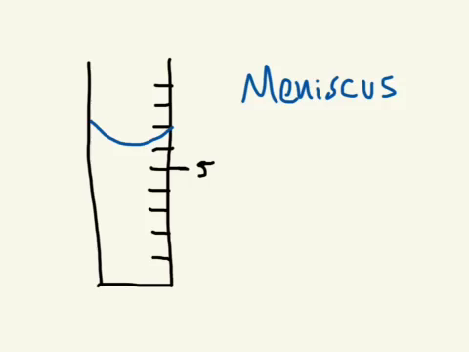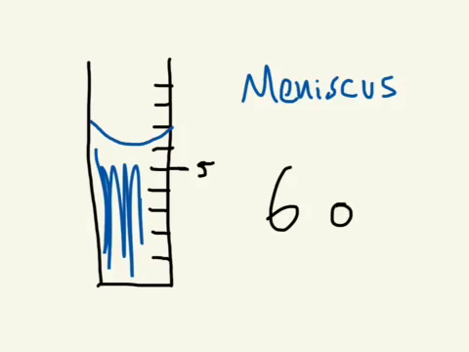So my question to you, class, is looking at this meniscus. Again, this is all liquid here. That's my little bubble at the top called the meniscus. Looking at this meniscus, how would I read this? Is this 6 or 7?